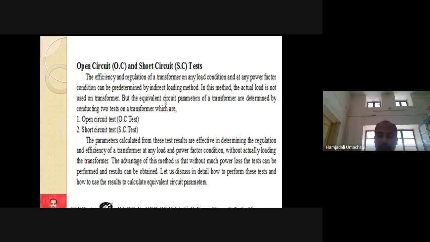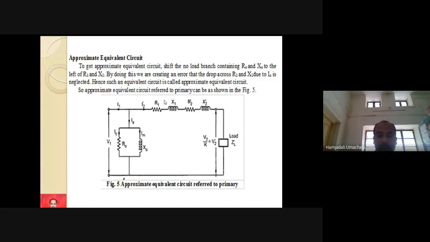So in the equivalent circuit, if you take this as your equivalent circuit, here we are going to estimate the values of R0, X0, IM, IC, I0. So these are the magnetizing branch parameters of your equivalent circuit.